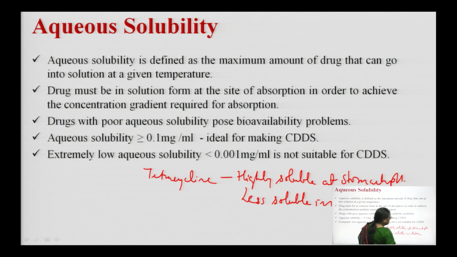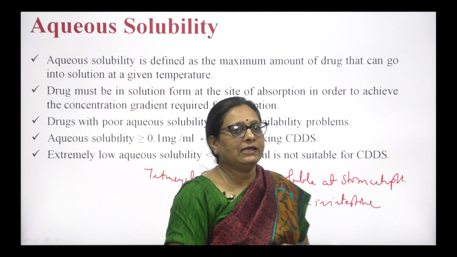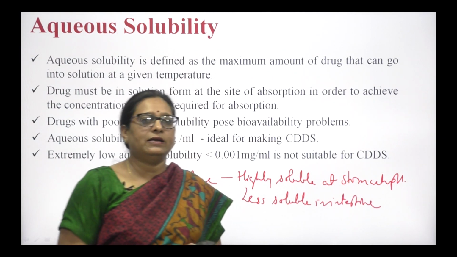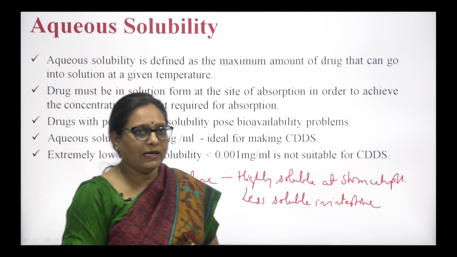However, the site of absorption of tetracyclines is in the intestines. So, owing to poor aqueous solubility in the intestines, which is their primary site of absorption, tetracyclines are a poor drug candidate for formulating controlled drug delivery systems.